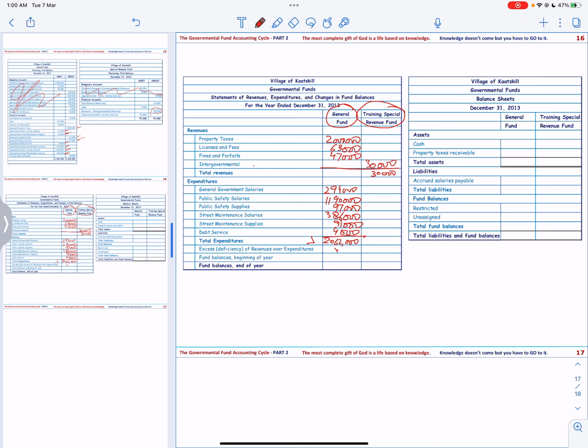So total revenue will be 2,110,000, and so the difference will be 48,000.